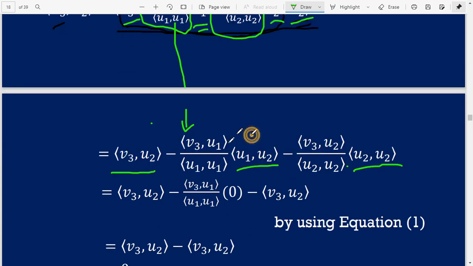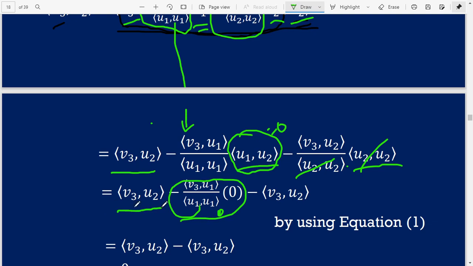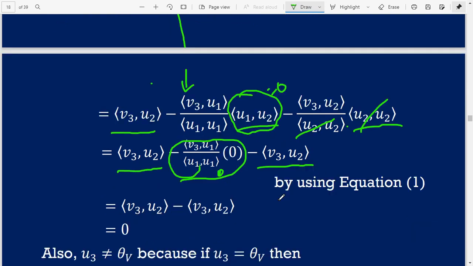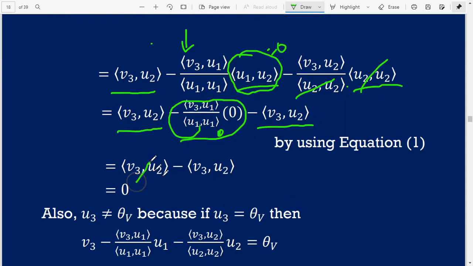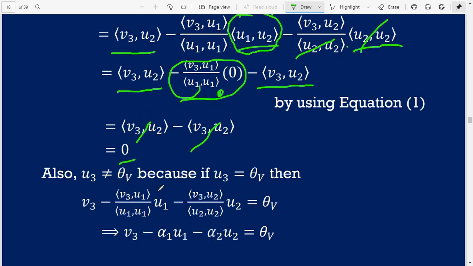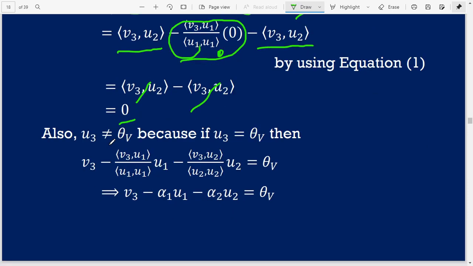But inner product U1 with U2 is equal to 0, so this term is 0 and this cancels out. So inner product V3 with U2 minus inner product V3 with U2 cancels out, so it is equal to 0.